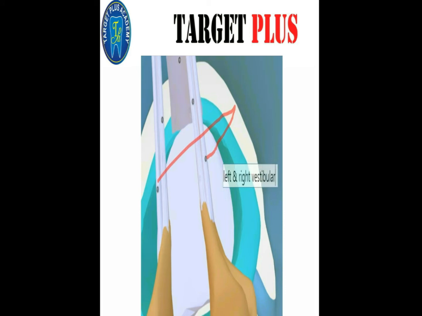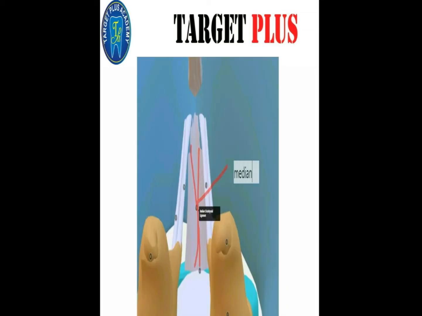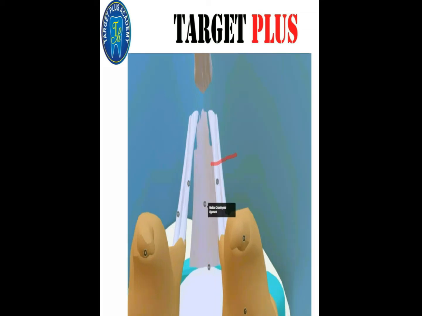Another you can see is the median thyroepiglottic ligament, present on the inner aspect. Other is the thyroepiglottic muscle, present on both sides.